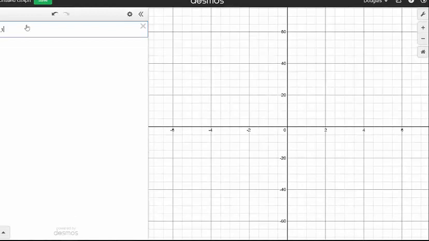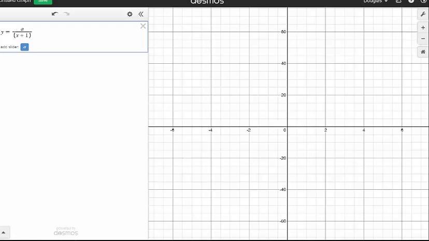And so we say y equals some constant a over x plus 1, and then x minus 2, and of course the second one, the x minus 2, is an even power.